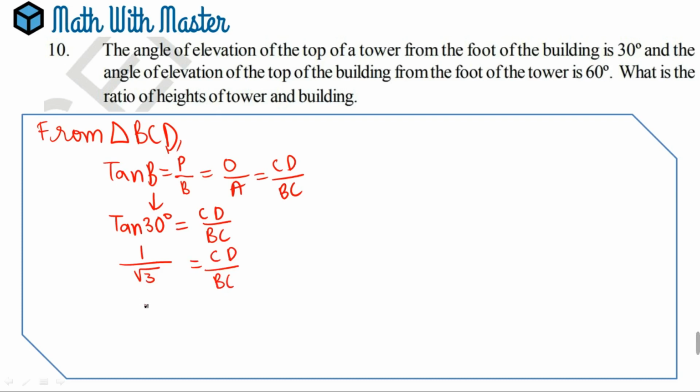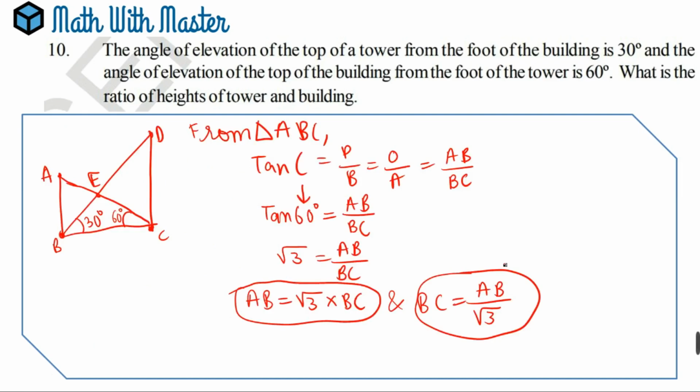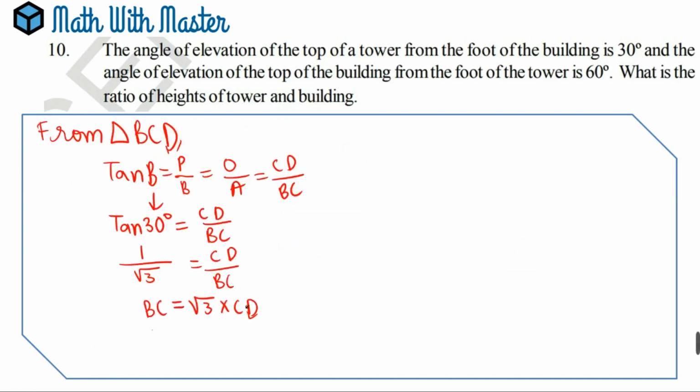So from here we can conclude that BC is equals to root 3 into CD, and now we have found the value of BC as AB upon root 3.